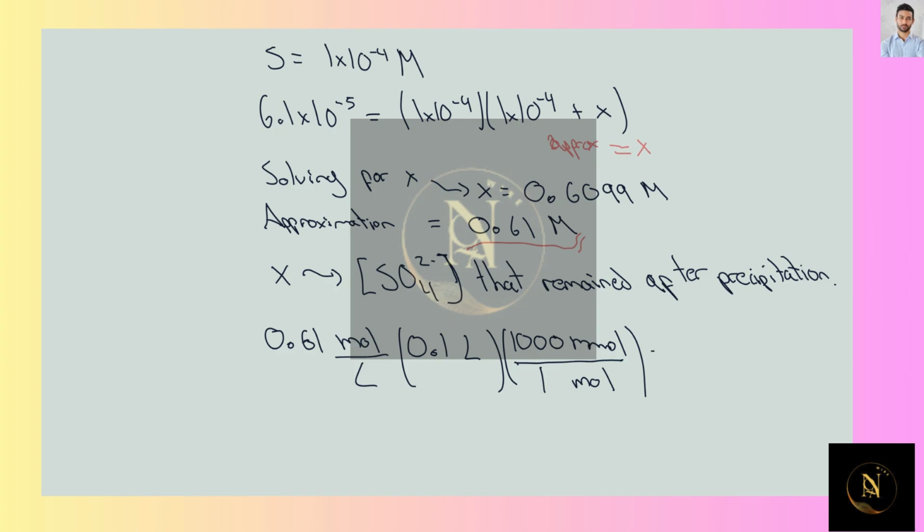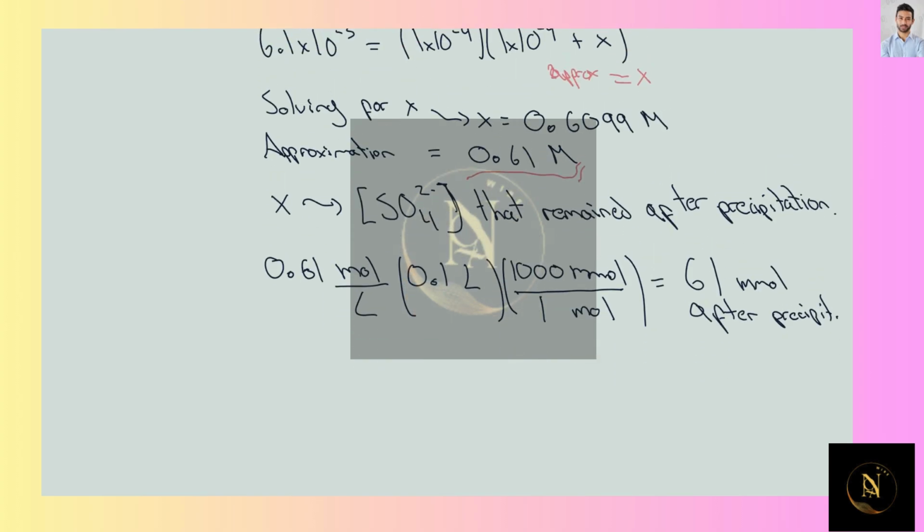And with this, the result that we are going to find is 61. And careful here, this is millimole after precipitation of sulfate.